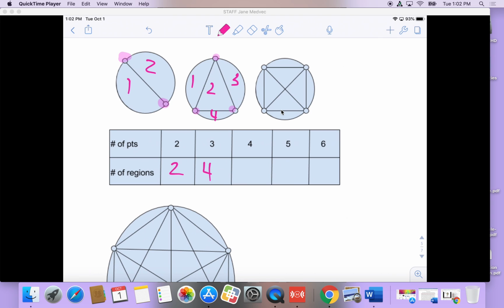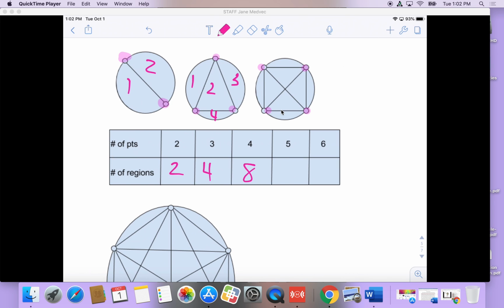Okay, let's look at the next picture. There are how many dots? I got 4. 1, 2, 3, 4. There's 4 dots. They connected them. How many regions are there? There's 8.